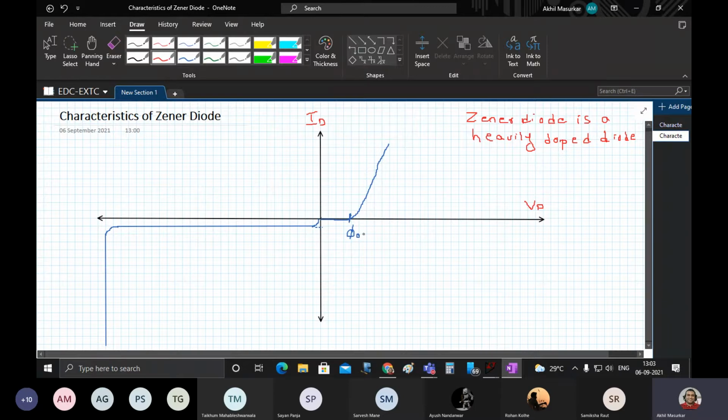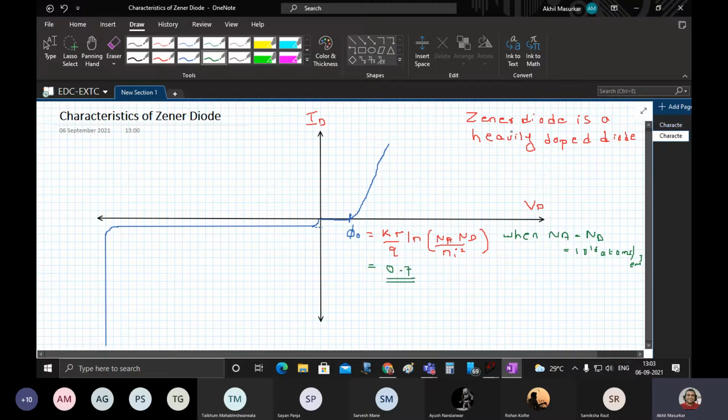So let us say the formula for phi naught was kT by q ln of Na Nd by ni squared, and when Na equals Nd equals 10 raised to 16 atoms per centimeter cube, this value was 0.7 volts.